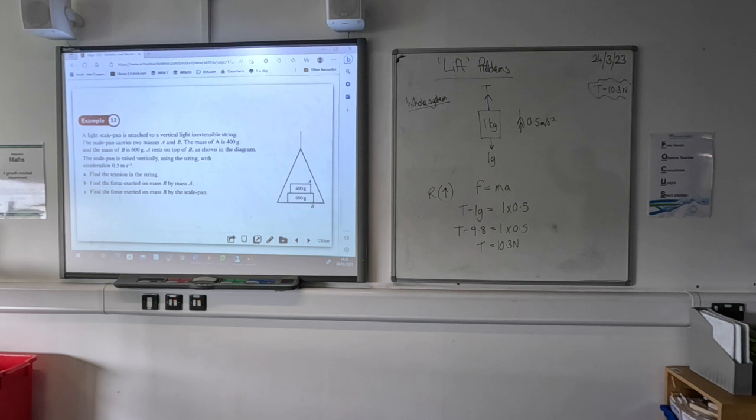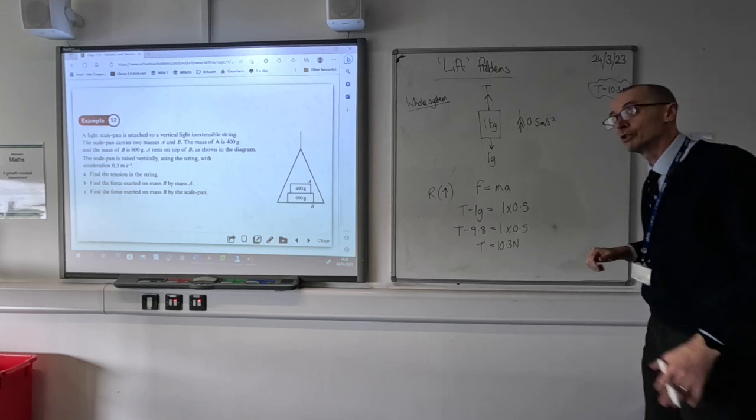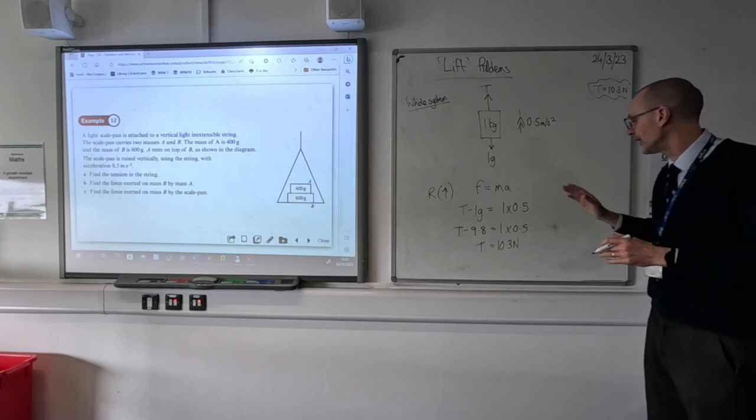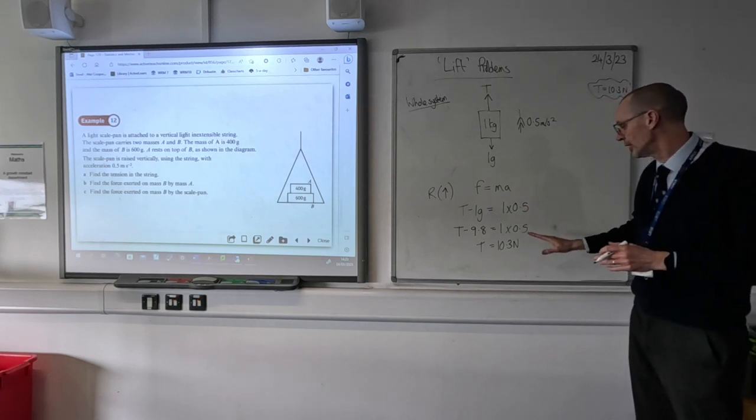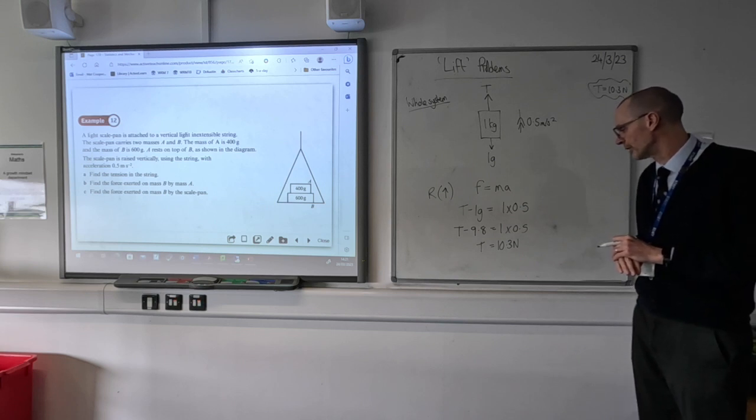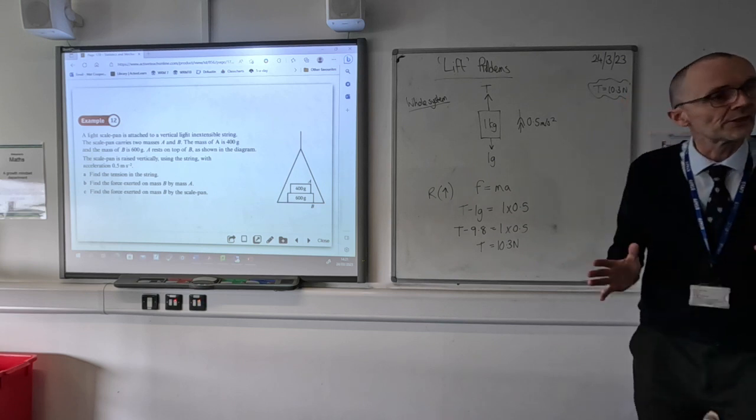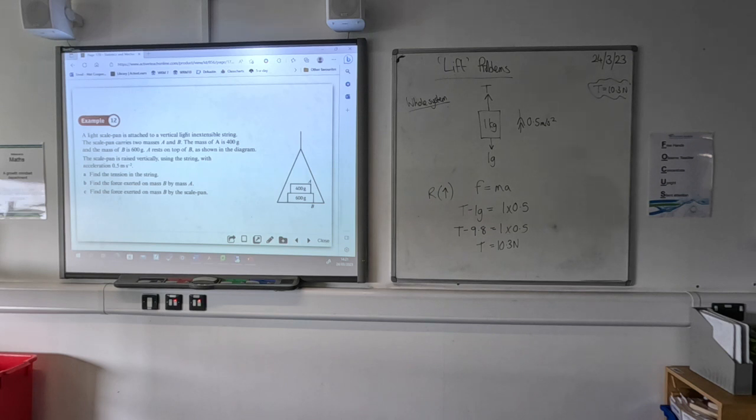So take T pulling up, 1g pulling down, T minus 1g is the resultant force, and that's equal to mass times acceleration. So with a bit of algebra, we get 10.3. We've answered the first part by considering the whole system. We have no idea what's inside the lift. We're just dealing with it as one whole thing.